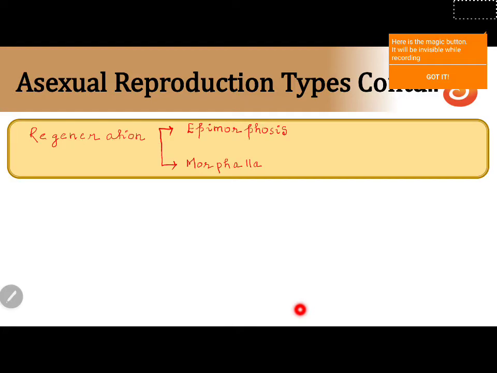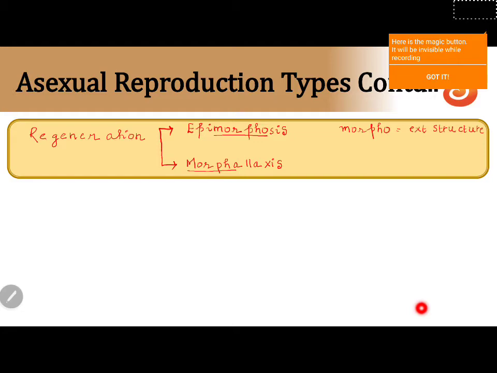So before I say what are those two types of regeneration, you concentrate on the word morpho in both. As you know, the word morpho means external structure. Remember this, because the term itself should make you understand what it is.